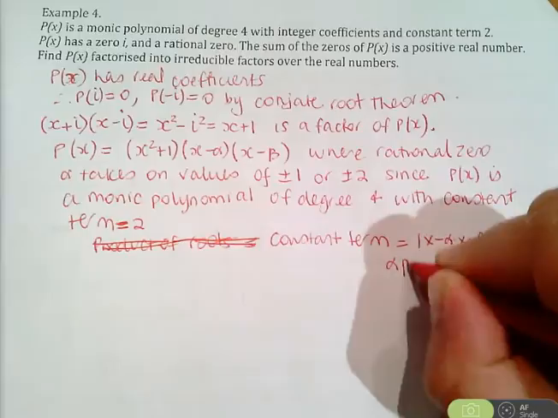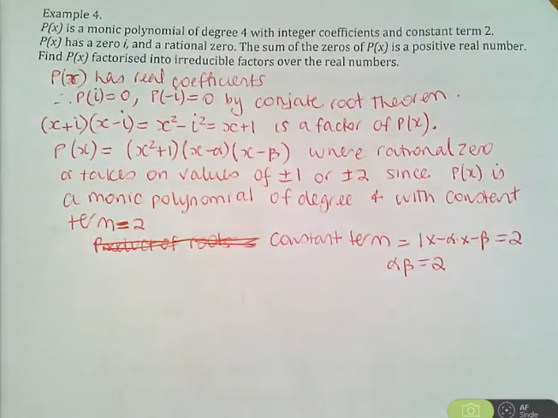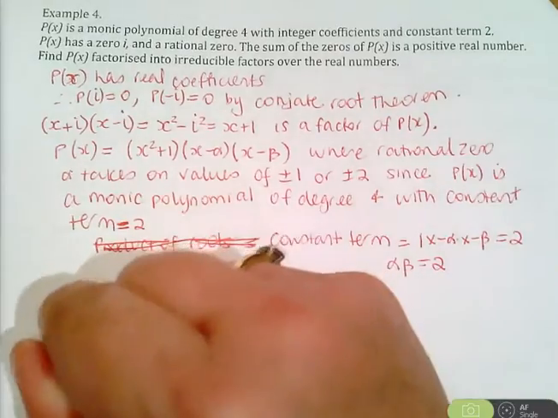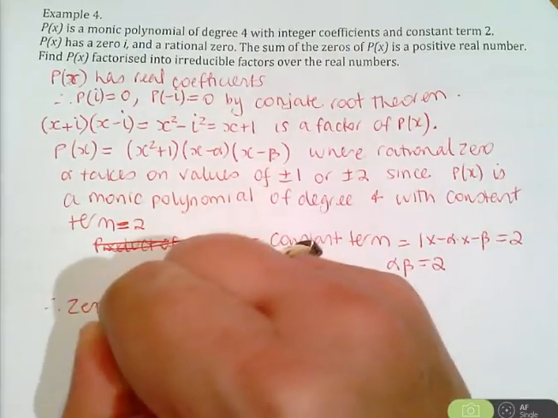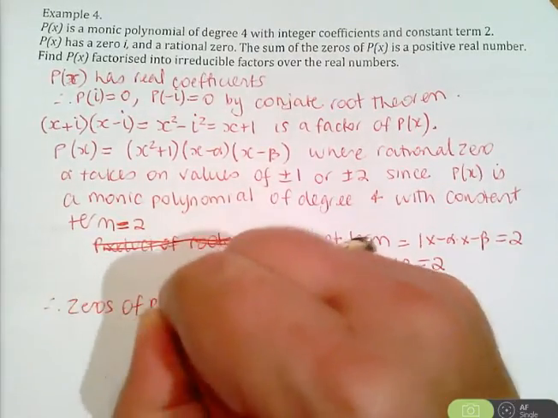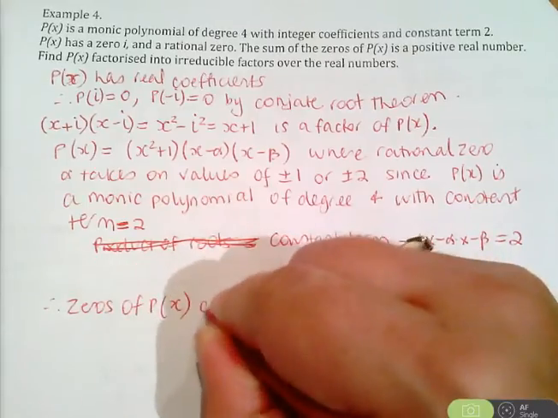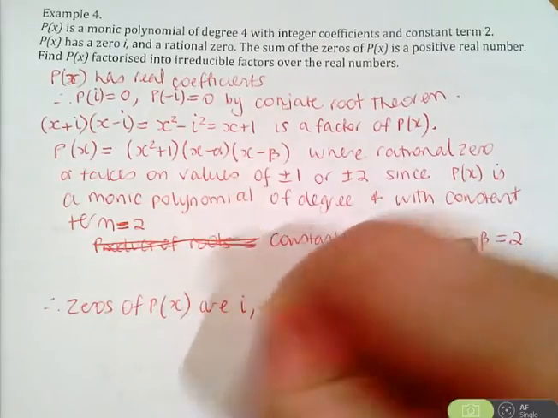In other words, alpha times beta is 2. So, therefore, we know that the zeros of P of x have to be i, minus i.